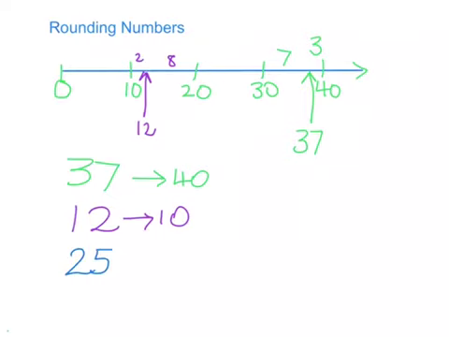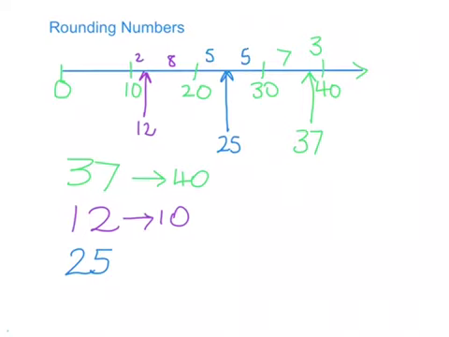Now let's see what we have if we had the number 25. So 25 would come right in the middle here on my number line, between the numbers 20 and 30. So it's right in the middle. If I look at how many numbers that's away from 20, well, that's 20 to 25 is 5, and in fact 25 to 30 is also 5.